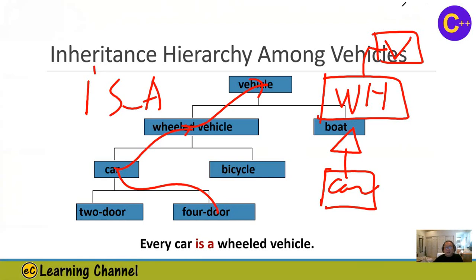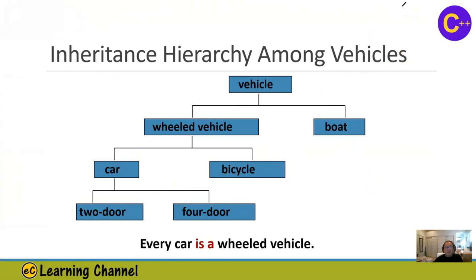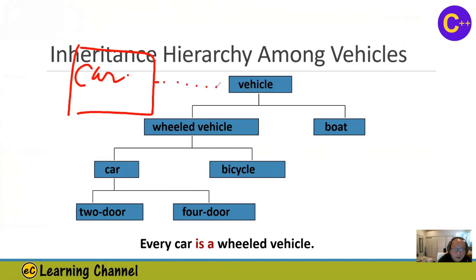There is another one called the has-A relationship. It's not an inheritance structure, it's actually ownership. Okay, I own you. Such as a car can use or have a wheel.